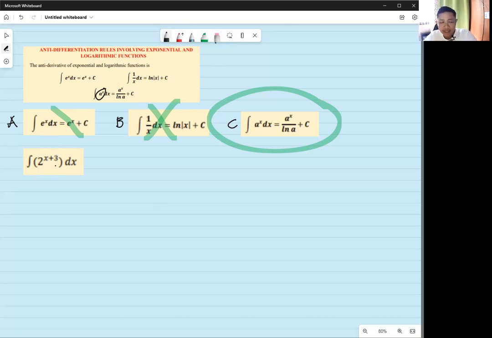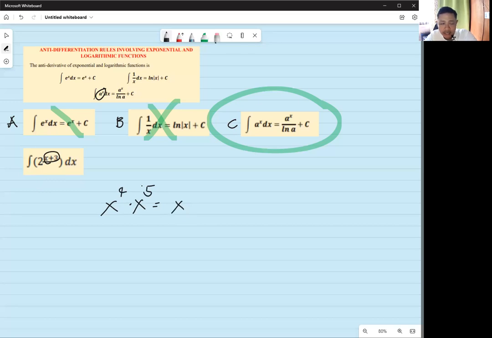Okay? If you can remember, in 2 raised to x plus 3, your exponent is the whole x plus 3. So it's a binomial. If you can remember, for example, we have x raised to 4 times x raised to 5. What do we usually do to multiply this? We copy our base, which is x.